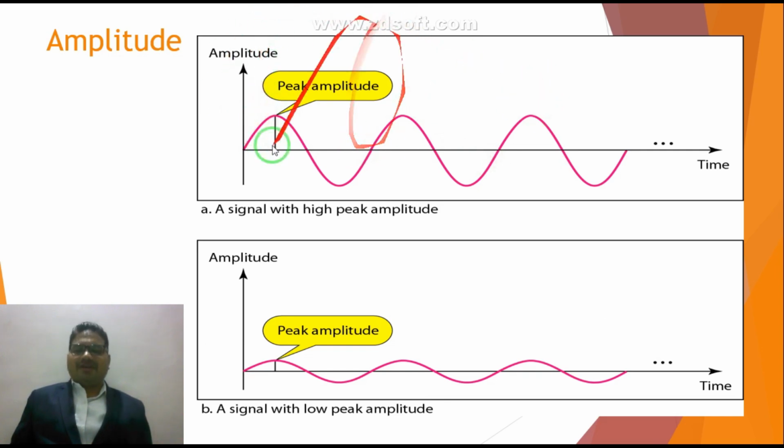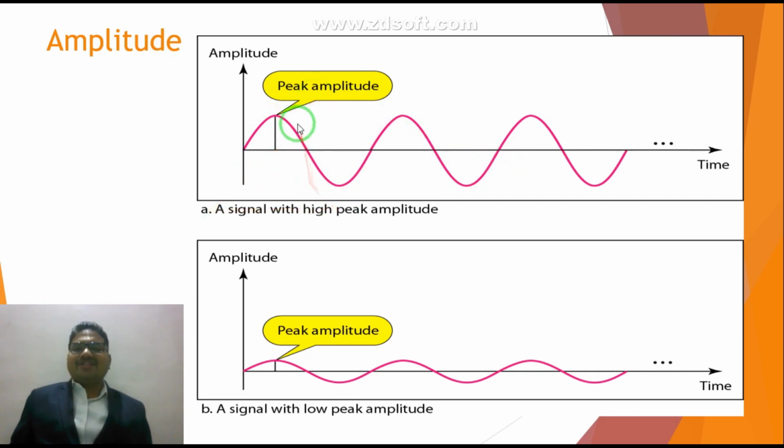First we will discuss the amplitude. You can see on the figure. Amplitude is the absolute value of its highest intensity, which is proportional to the energy it carries. And remember, for an electrical signal, the amplitude is measured in volts.